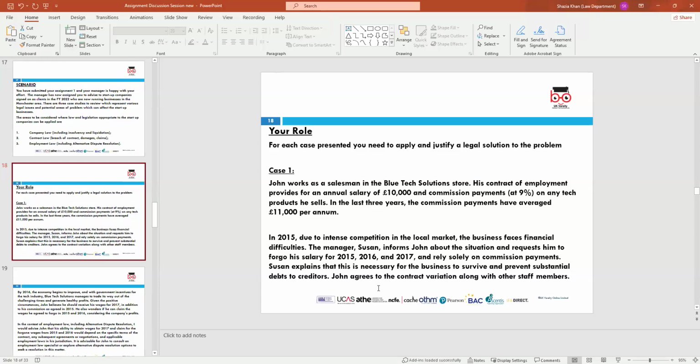The manager, Susan, informs John about the situation and requests him to forego his salary for 2015, 2016, and 2017 and rely solely on commission payments. Susan explains that this is necessary for the business to survive and prevent substantial debts to creditors. John agrees to the contract variation along with other staff.